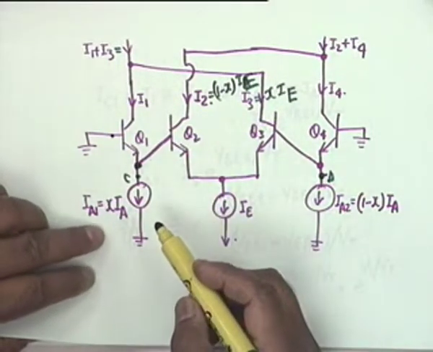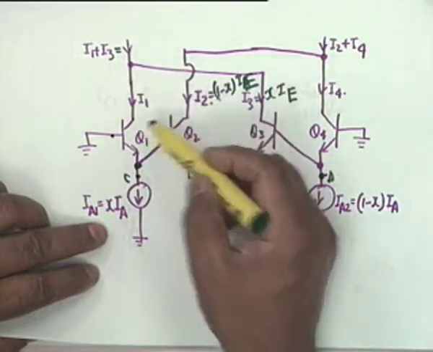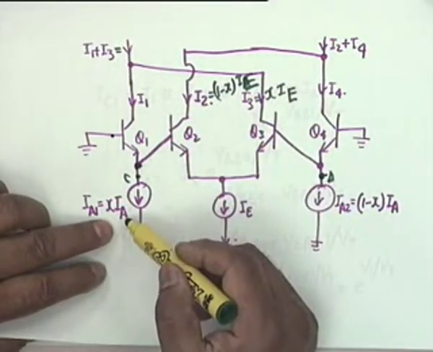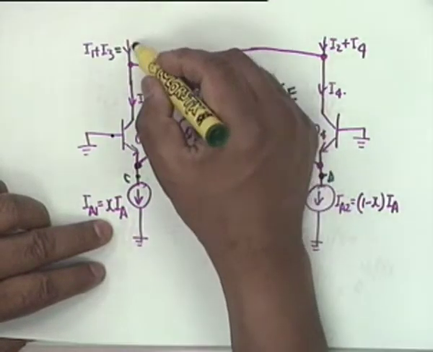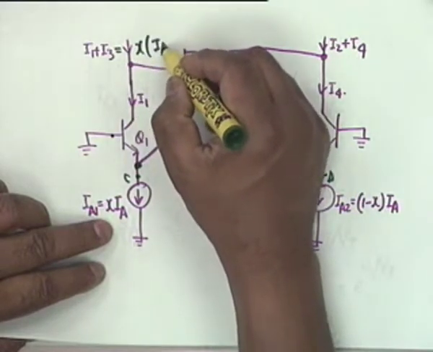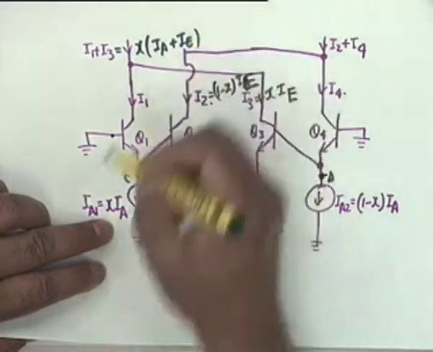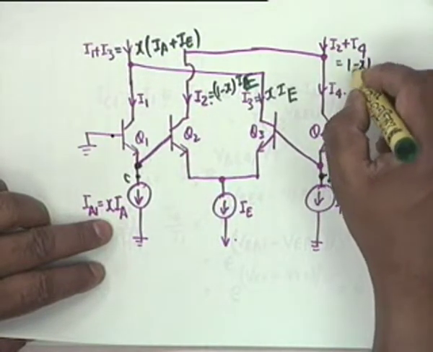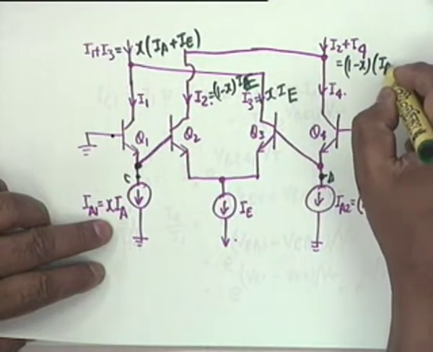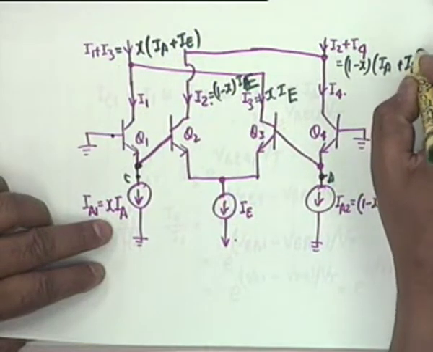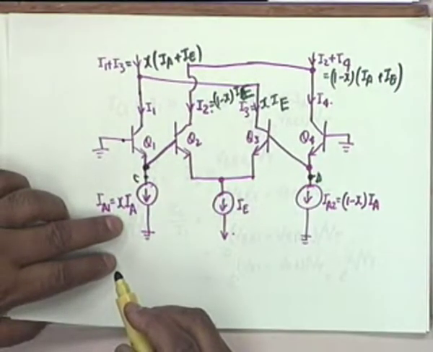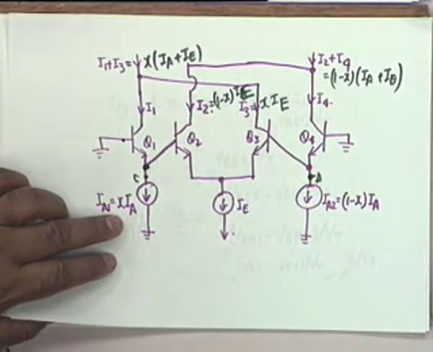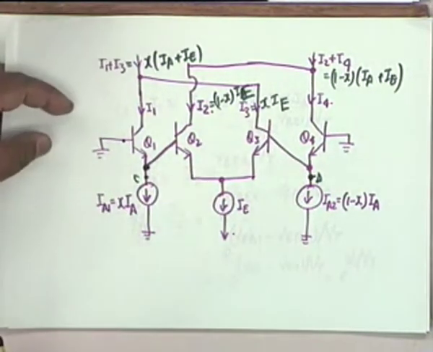So this is X IA plus IE, okay, X times IA plus IE. And what is this current then? 1 minus X times IA plus IE. And what is the difference between the two?